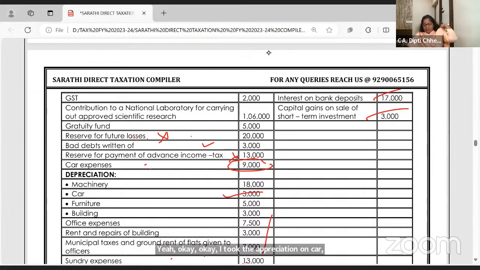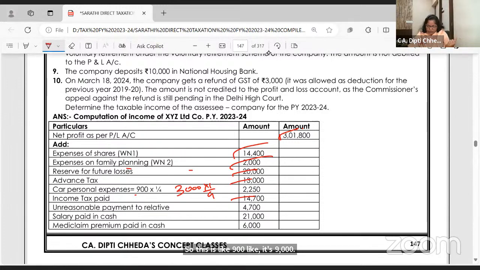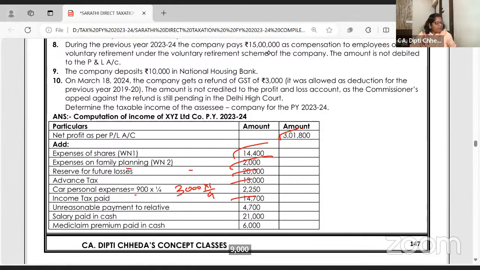Sorry. What did they say? Car related expenses 1/4 are personal. So this is like 900 written, it's 9,000. 1/4 of 9,000 car expense is to be disallowed.